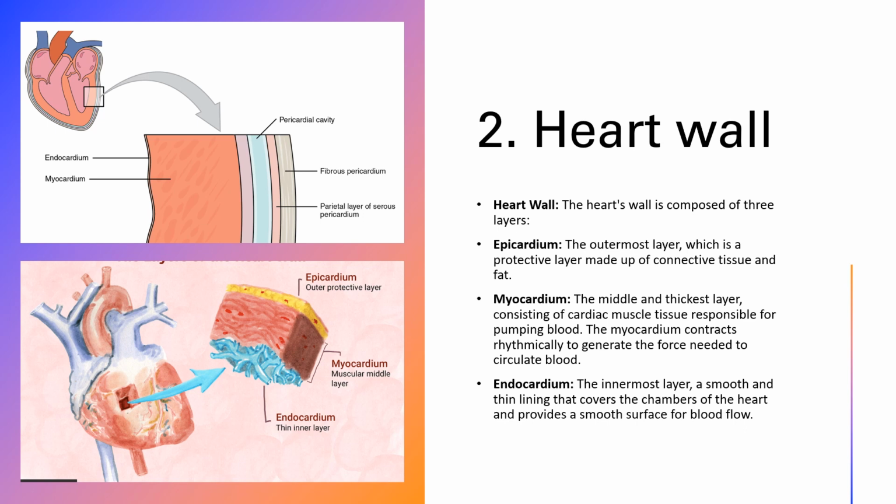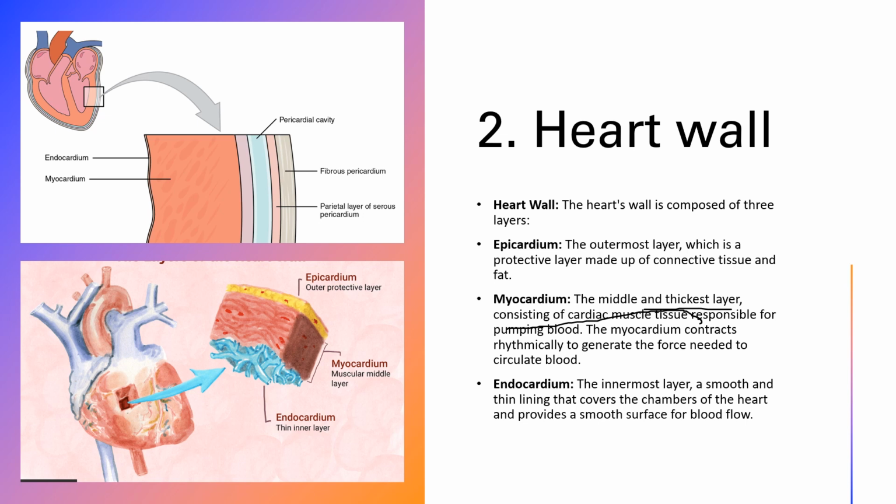Its name tells us that it is made of muscle. Which muscle? Smooth muscle. So the myocardium is the middle and thickest layer, consisting of cardiac cells, so muscle tissue, responsible for pumping blood.